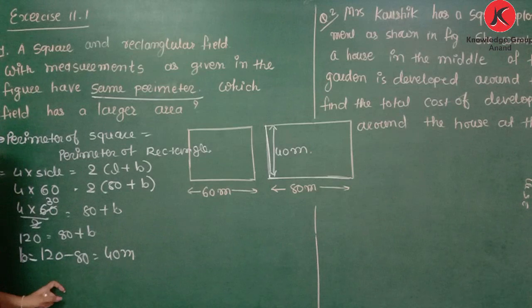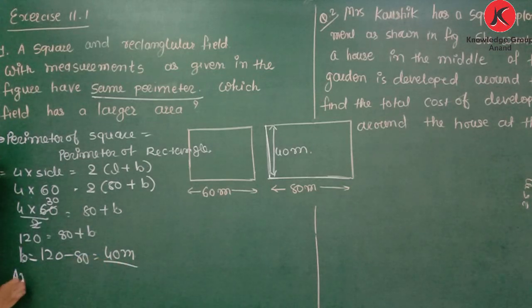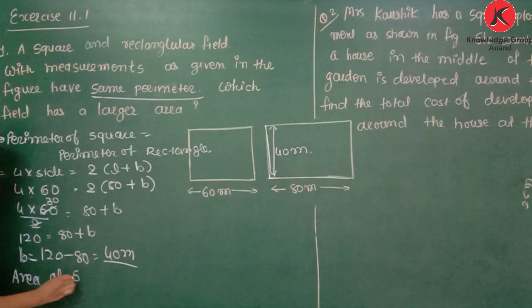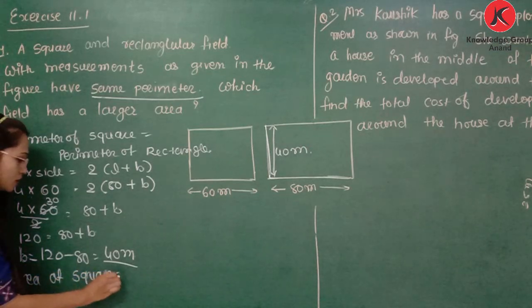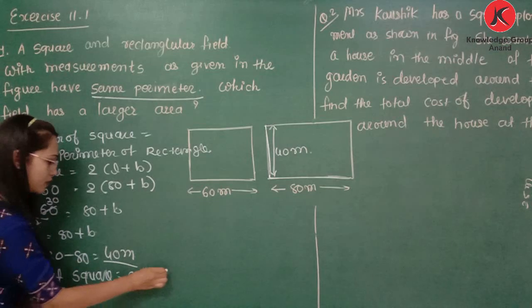Now we can find the area because now we have the value of B also. So the area of a square is equal to side multiplied by side.